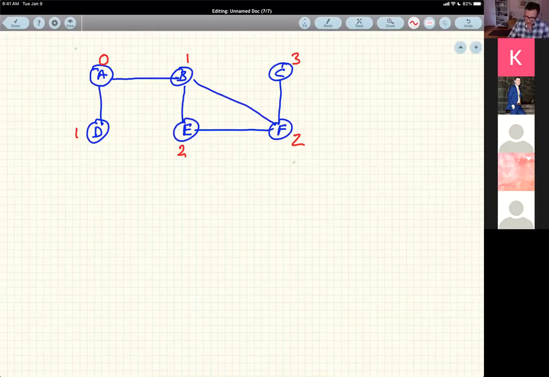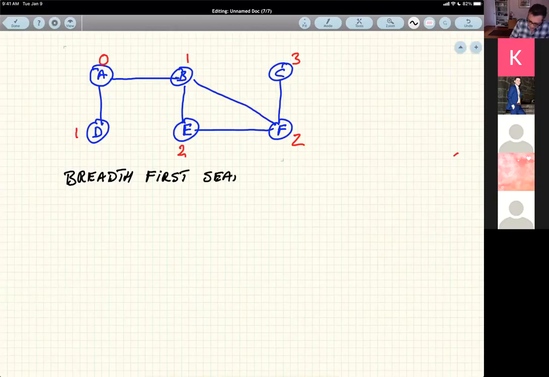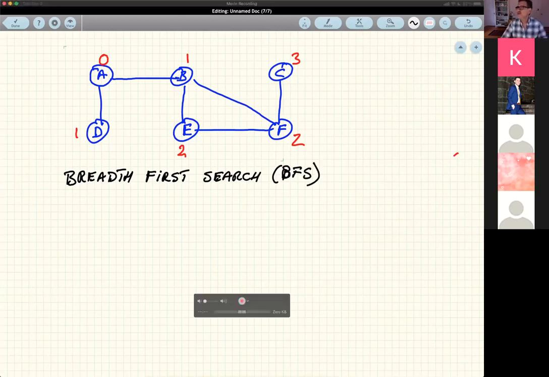We're going to talk about breadth first search, and that's known as BFS.